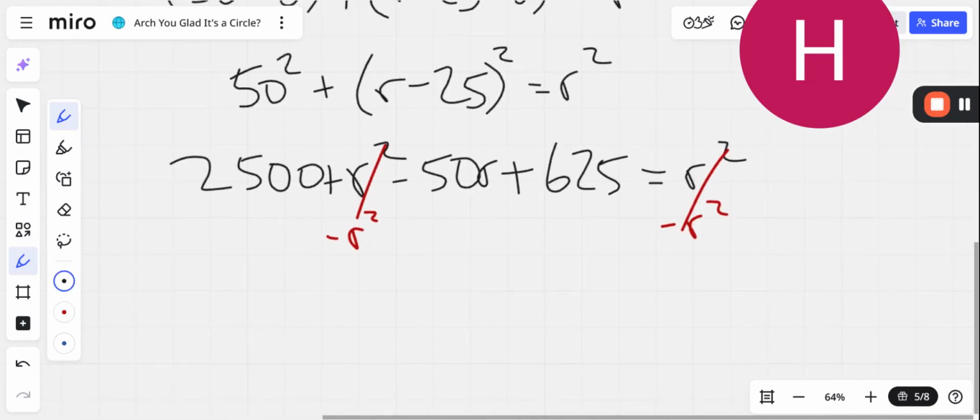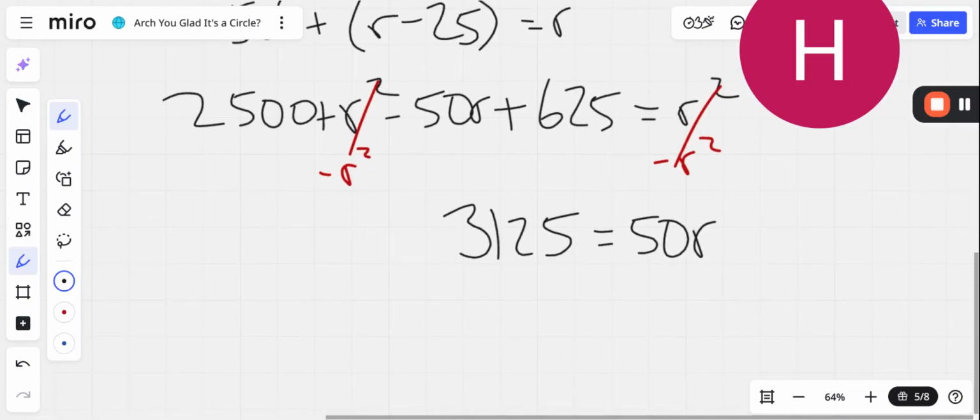And now we have that 2,500 plus 625. That's going to be 3125 equals 50r. All right, this isn't necessarily the nicest number, but here you want to divide both sides by 50.